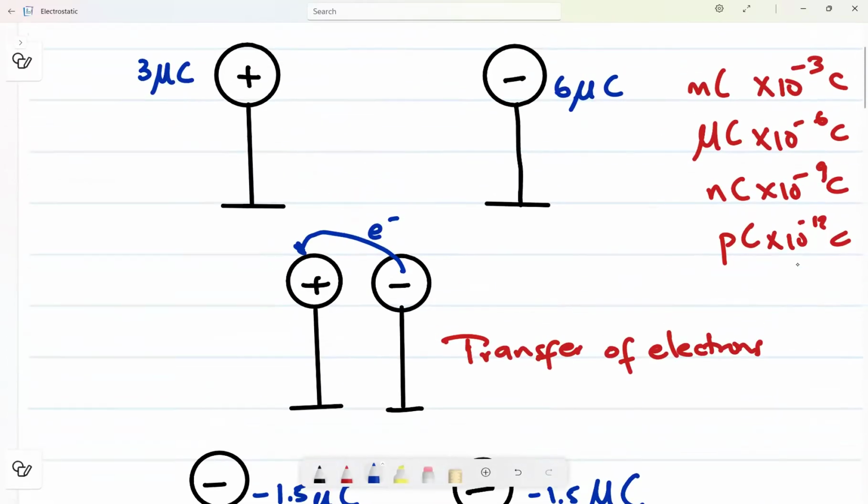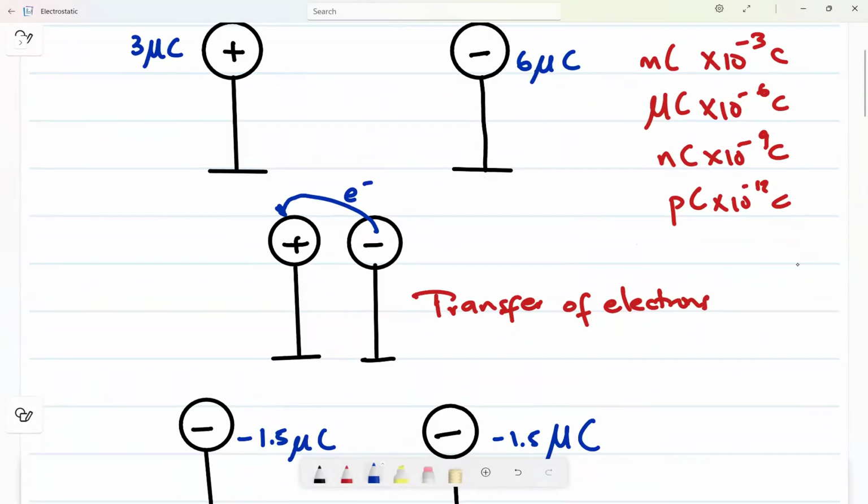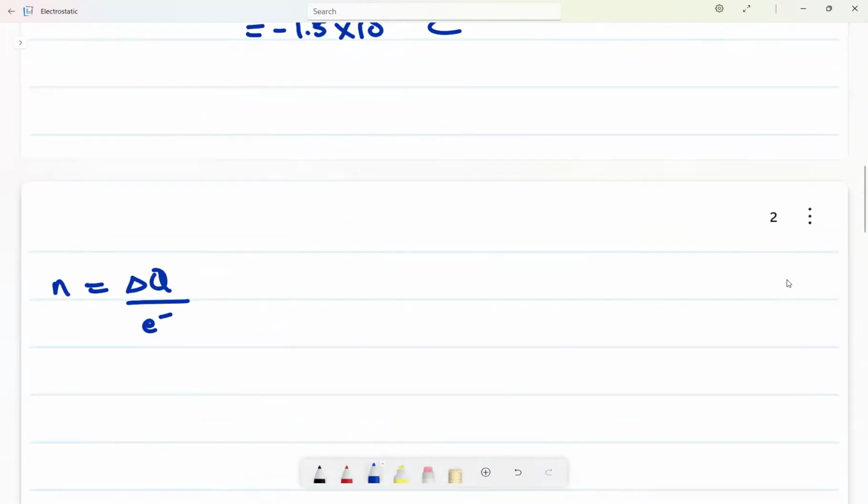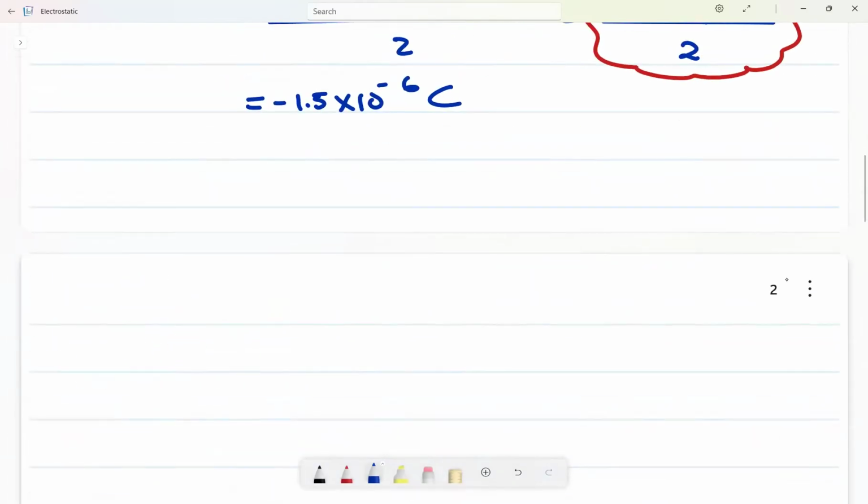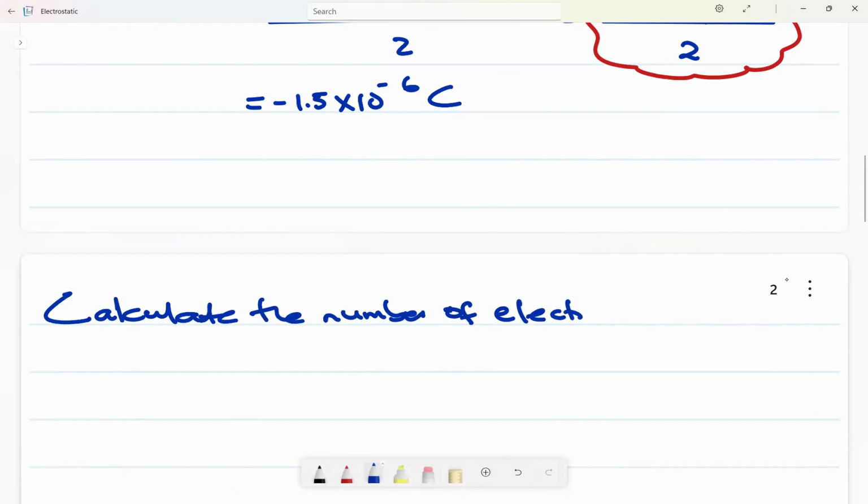To see exactly how many electrons were transferred, we need to know, okay, let us say the question says the number of electrons transferred during the attraction force or whatever.